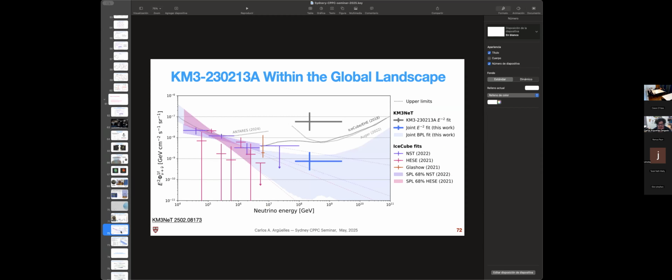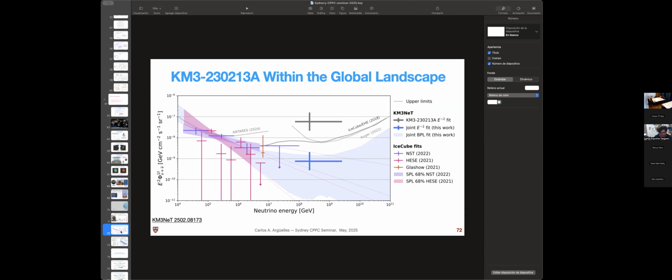Yes. So this image here. When KM3NeT did their analysis, one of their first analyses, they computed the flux associated to that event, given the detector acceptance, and that would be the black cross here.